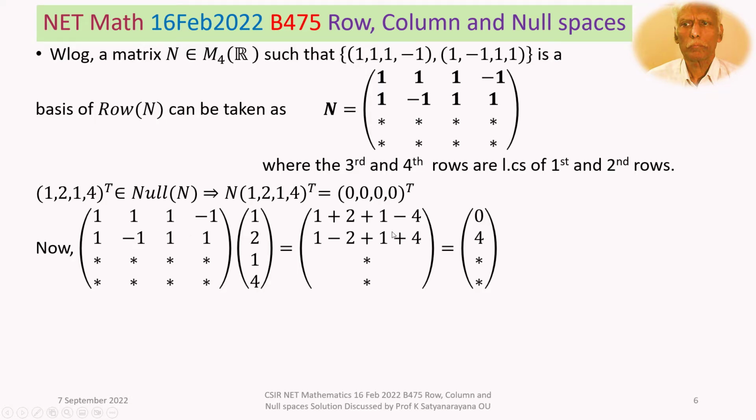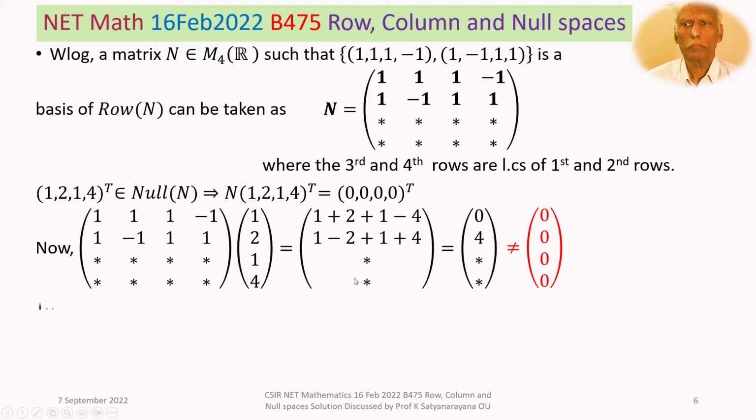After multiplication and simplification you get the column vector (0, 4, star, star), something. But this is not equal to (0, 0, 0, 0), because this vector belongs to the null space of N, meaning N times that column vector must be the zero vector, but it is not.